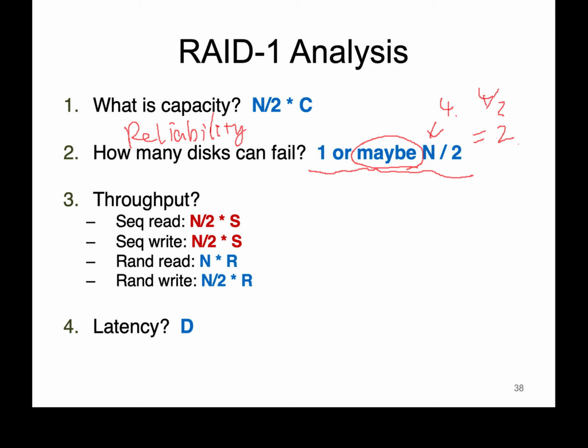And next, we take a look at the throughput metric. We have a total of 4 metrics under throughput: sequential read, sequential write, random read, and random write. Each of these 4 has a theoretical performance value, right? So let's first take a look at sequential read and sequential write. This is kind of trivial, right?